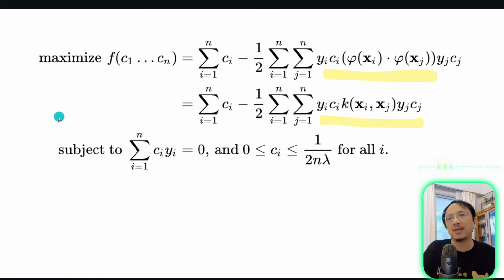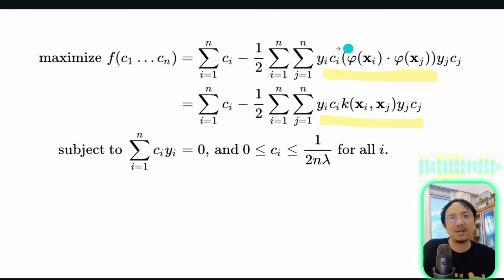So this one is where we rewrite the formulas in the form of the new feature space. We write it explicitly that the things are mapped into the new feature space, and we take the inner product.